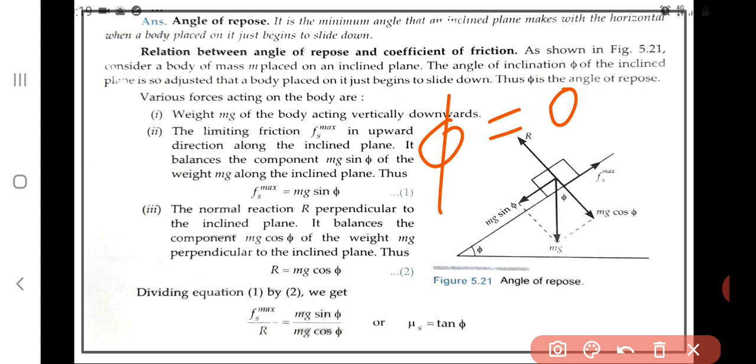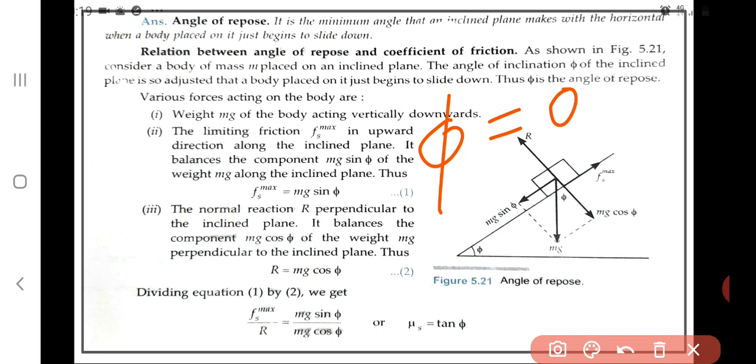Here when we mention the words just starts sliding, it means it has not started sliding, but it is about to slide. That means the static friction has become maximum. So when the body just begins to slide, it means that the frictional force is maximum and still the body is in equilibrium, the state of equilibrium.